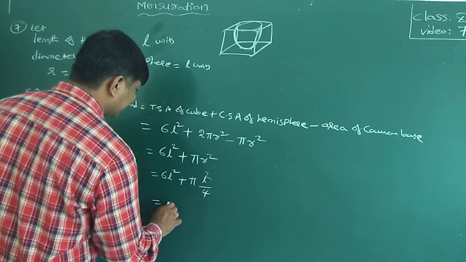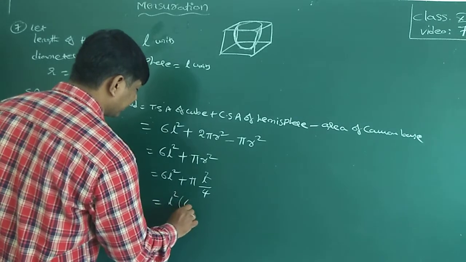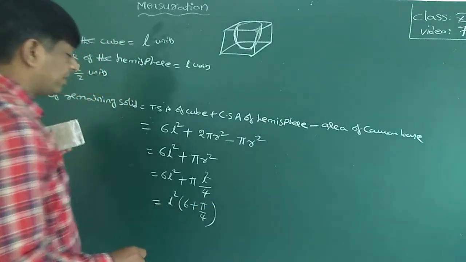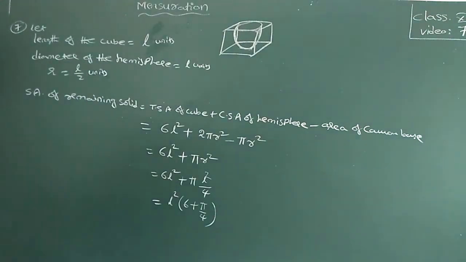If I take L square common, 6 plus pi by 4, we will get 24 plus pi by 4.